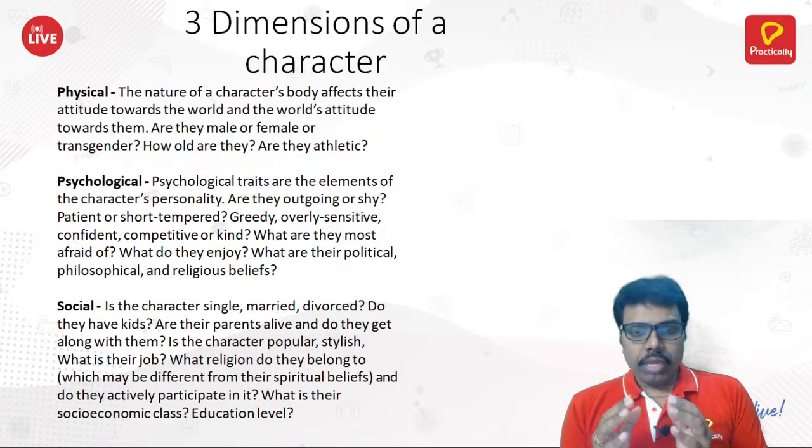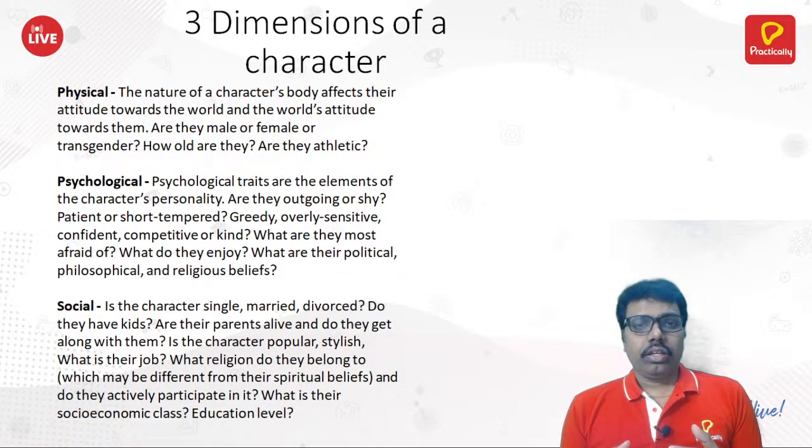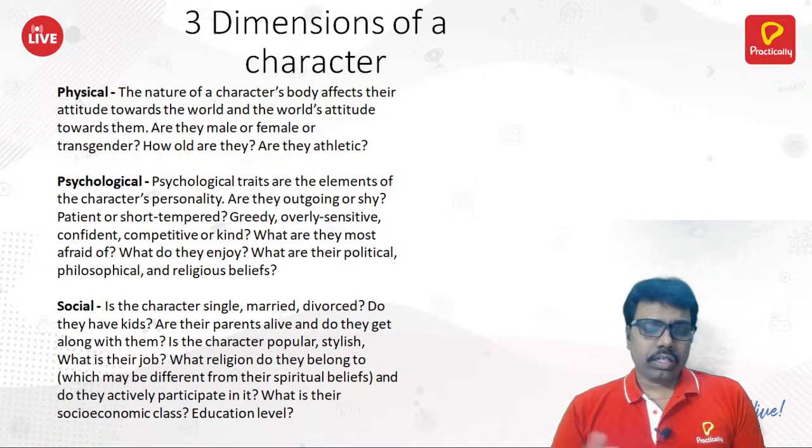For example, for the main characters you are creating, be it a protagonist, an antagonist, or a confidant, that is, a best friend character. We have many other characters too.